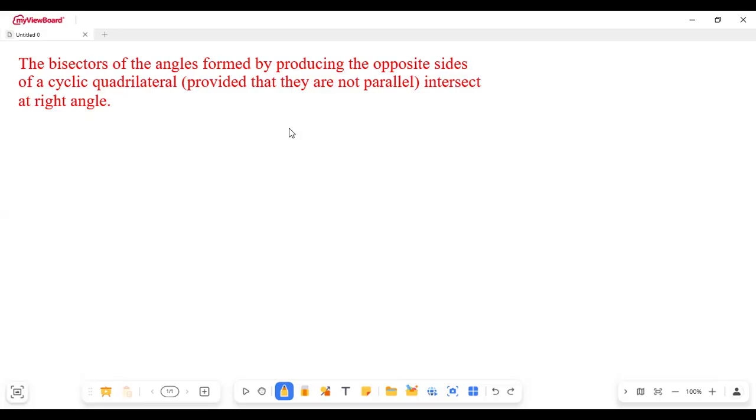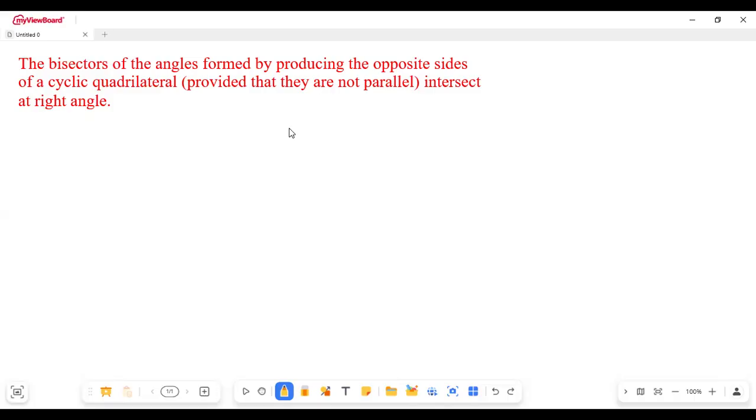So this question says that when we produce the opposite sides of the quadrilateral and both sides intersect at some place, the bisectors of both the angles formed intersect at right angles. So we are solving the theorem here.